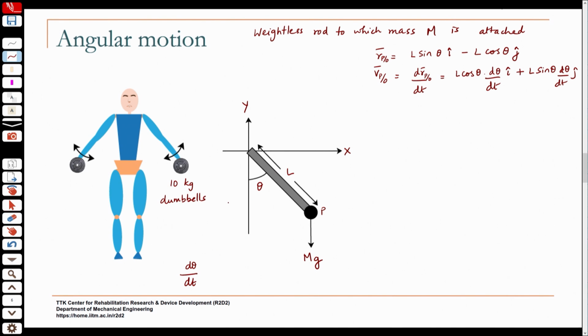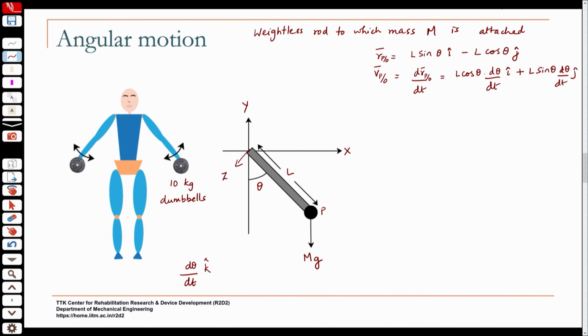You take counterclockwise as positive, clockwise as negative, and in vectorial form you can write it as d theta by dt along k using the right hand rule. So, z is coming out of the plane of the paper. I can write this in vector form as d theta by dt k cross r.